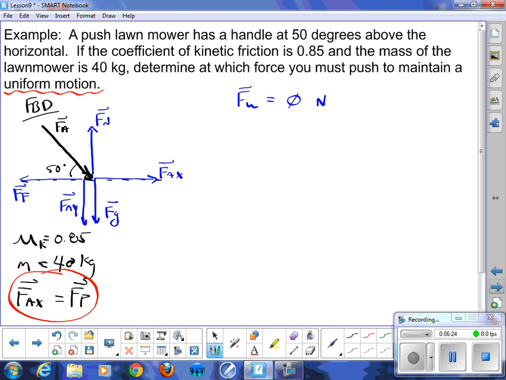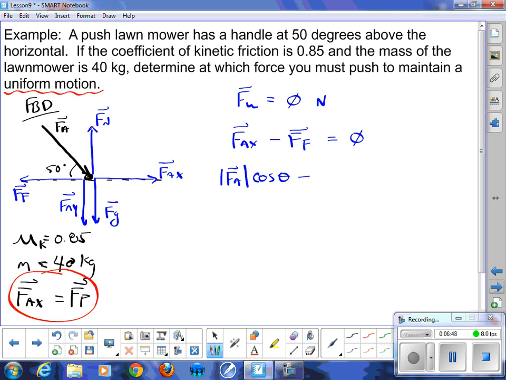We can't have an unbalanced force. What's our unbalanced force? Well, say FAX minus force due to friction, and it has to be equal to 0. What is FAX? Well, that's our horizontal component. So it's going to be the magnitude of FA. I don't know that. Cos of 50. Actually, let's just go cos theta for the moment.